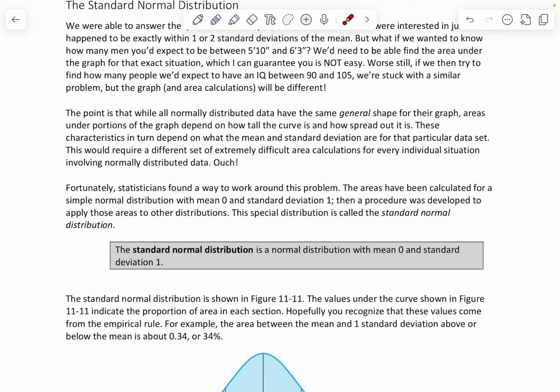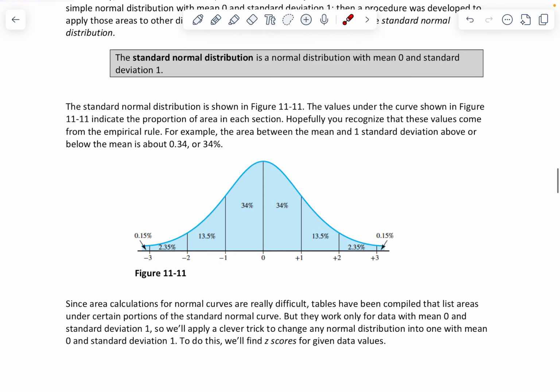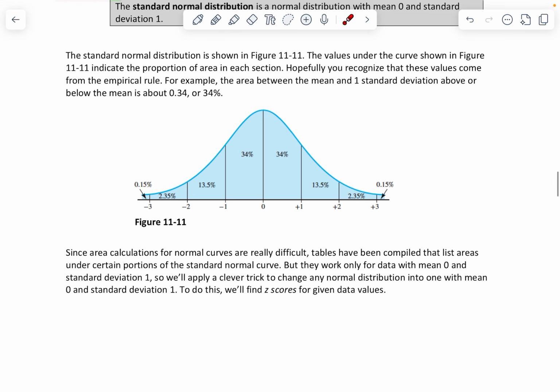So this special distribution is called the standard normal distribution. The standard normal distribution is the normal distribution that has a mean of 0 and a standard deviation of 1. Here is a picture, figure 11.11, that shows the standard normal distribution. The values under the curve shown in this figure indicate the proportion of area in each section.